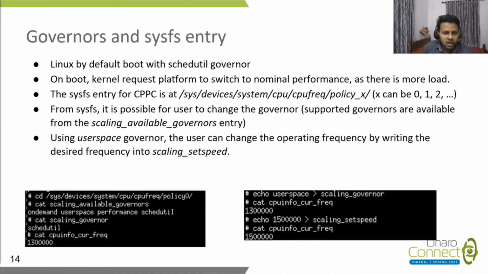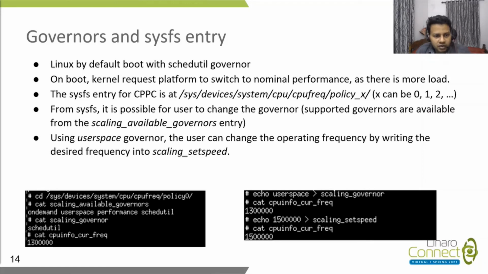In this case, it is the schedutil governor. And on reading the cpuinfo current frequency sysfs entry, the kernel driver will read the AMU registers and calculate the current operating frequency of the CPU, and it will be displayed.